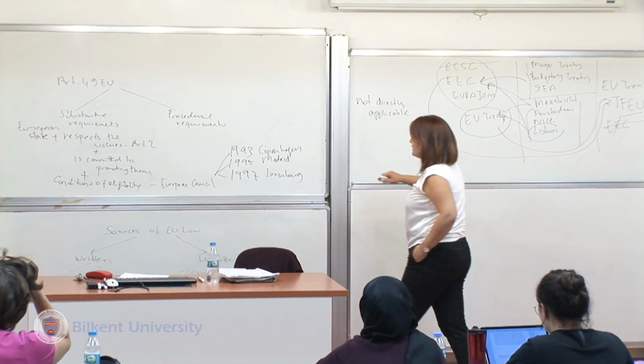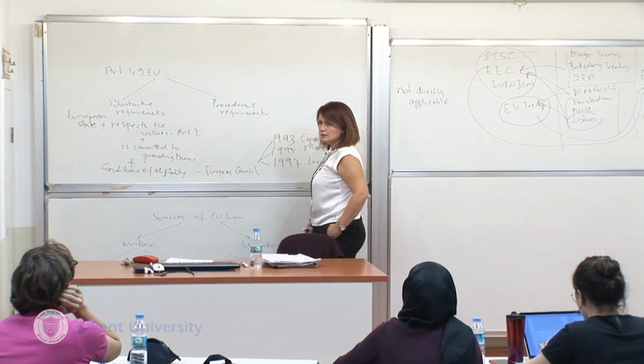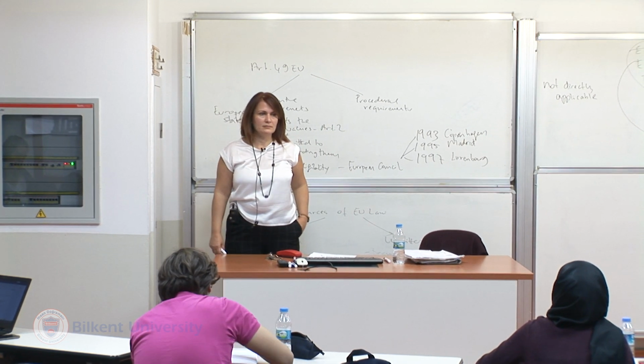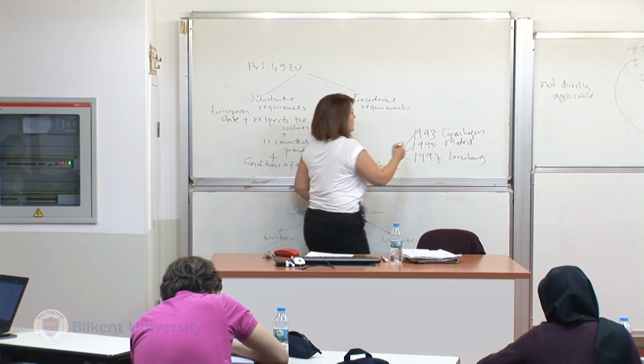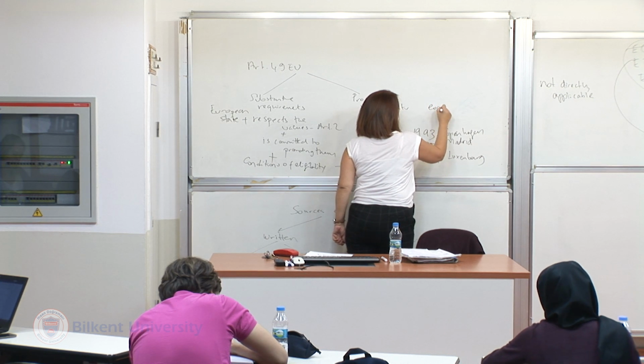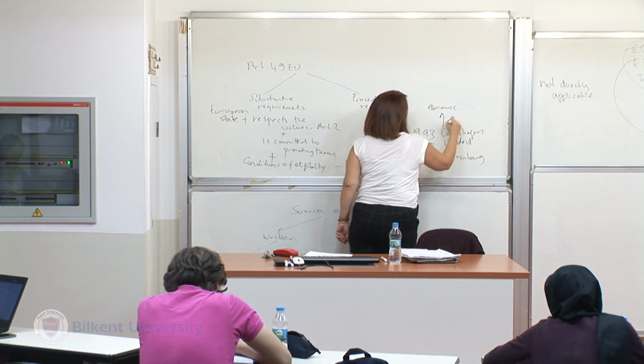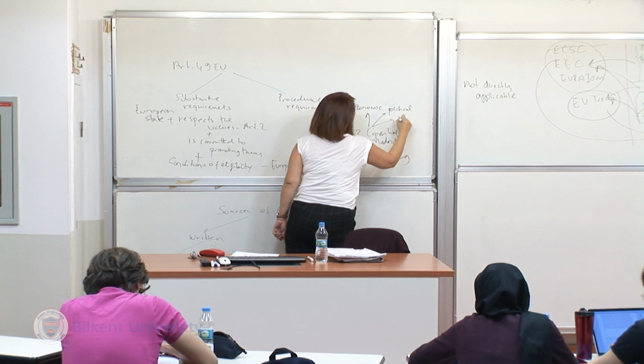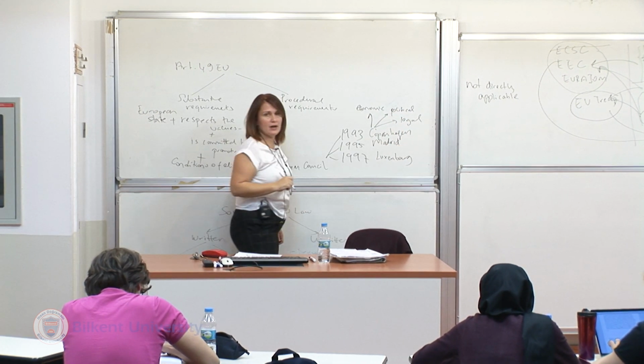The Copenhagen criteria include mainly three criteria: economic, political, and legal criteria.